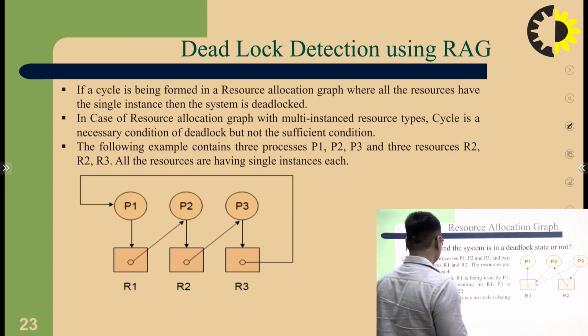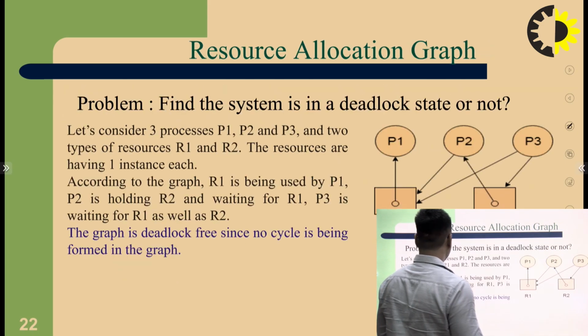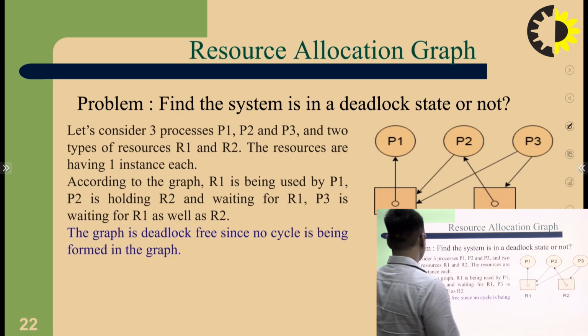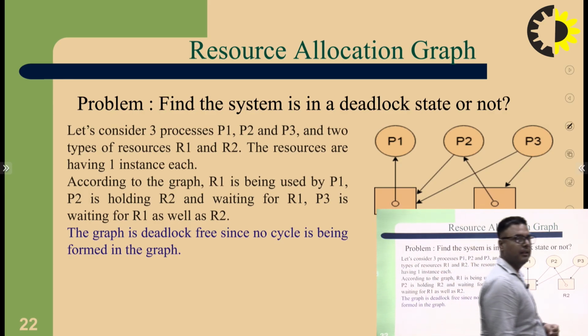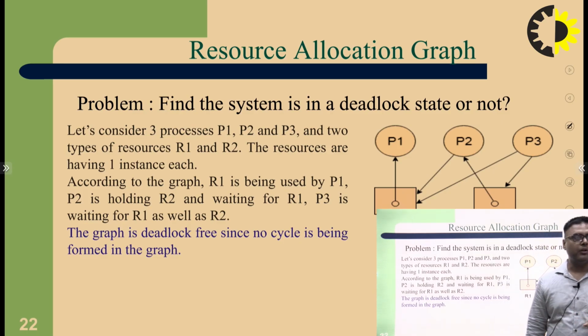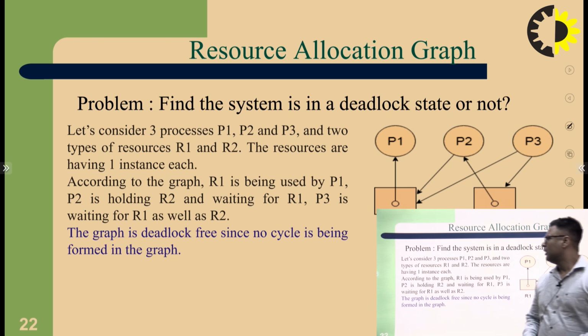So here some points are mentioned. Let's consider P1, P2, P3 and two types of resources R1, R2. The resources have one instance each according to the graph. R1 is being used by P1, and P2 is holding R2. So it basically describes which process holds which resources.